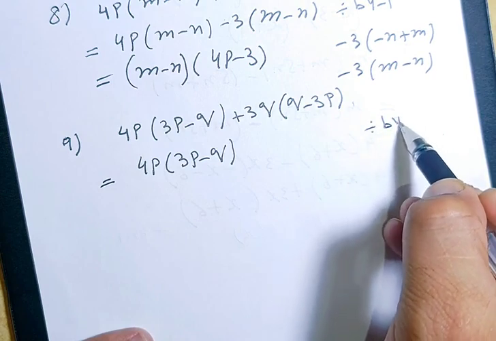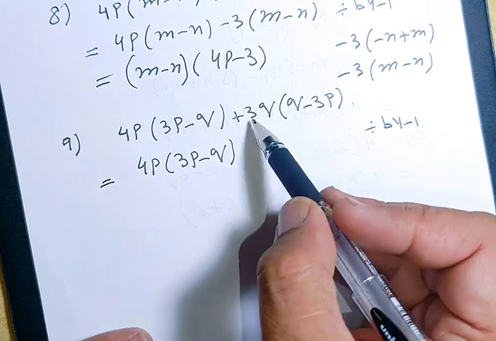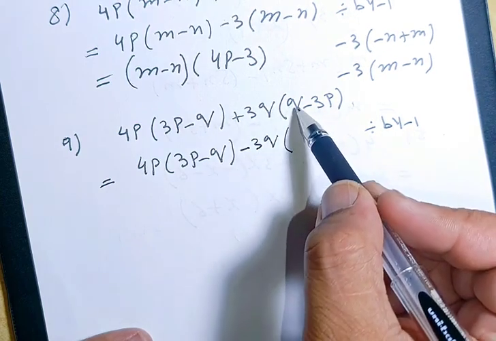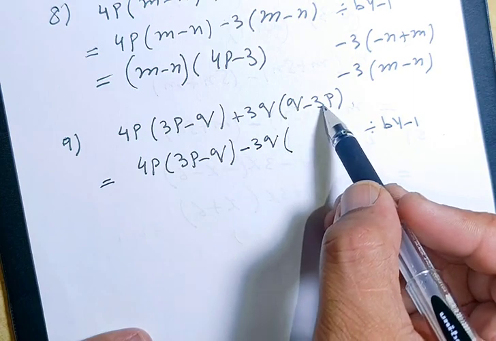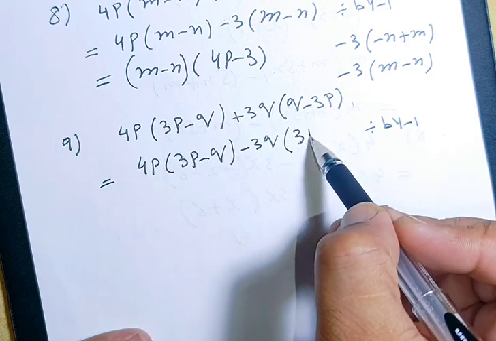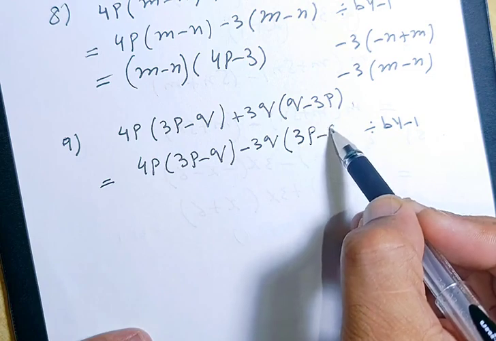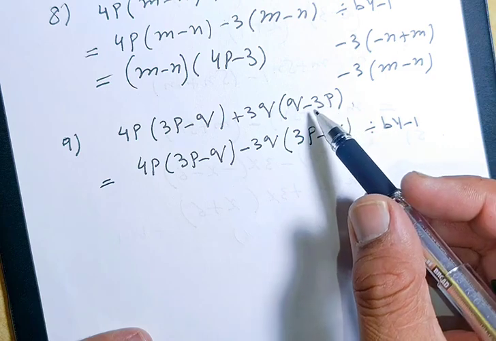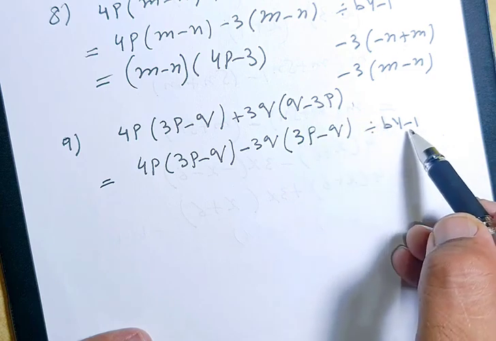Divide the second expression by -1. So it becomes -3q, and obviously this is going to be -q, this is going to be positive 3p. I need a positive 3p. So now I can change the place. So it becomes -q. Remember, I told you if it's a positive sign, then you don't need to divide by -1.